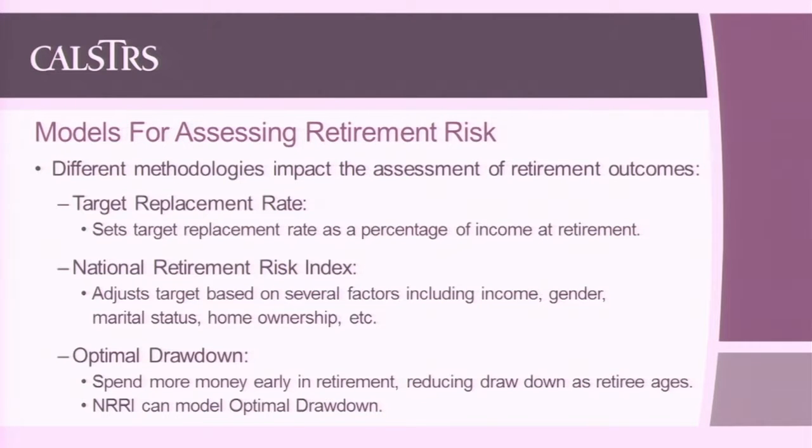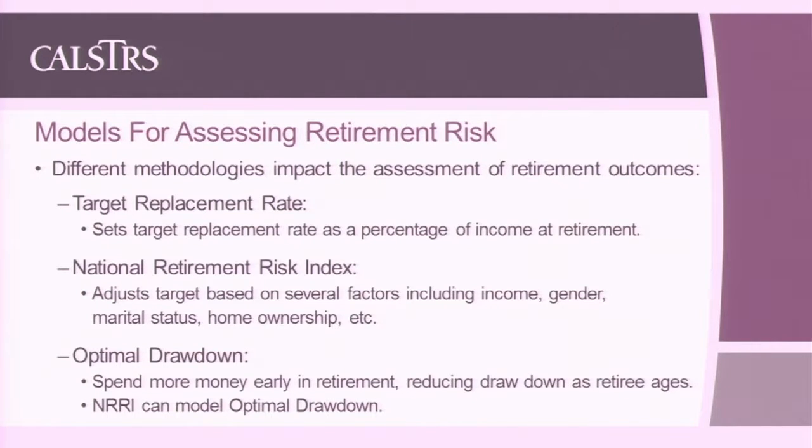It's the 60 to 90% replacement, often cited at 85% recommended replacement in retirement. When retirement risk is assessed, looking at an expectation that people should have an 85% replacement rate, 2/3 of the population is deemed as falling short and is not expected to meet that target.